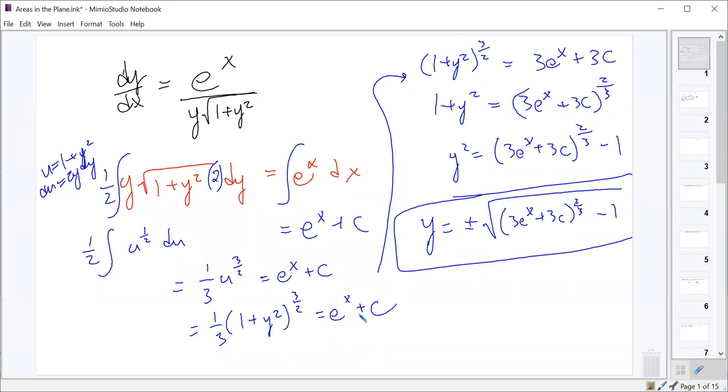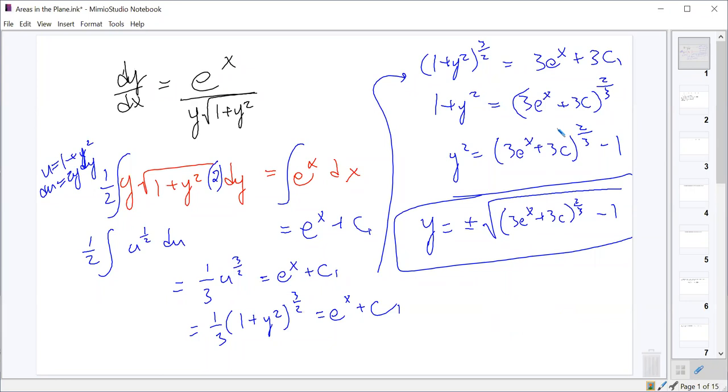If you wanted to, since you knew you were going to have to multiply by 3, you could initially call this c sub 1. Then you could say 3c sub 1, and if you wanted to change that to a c, you could notate that 3c sub 1 is equal to c, and then you just get rid of all the 3's throughout.